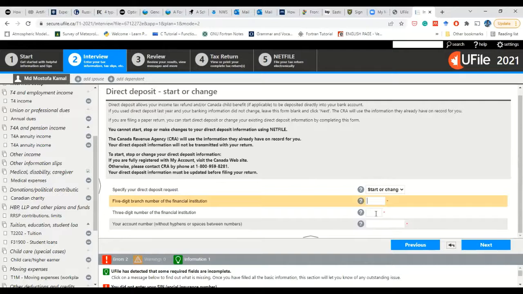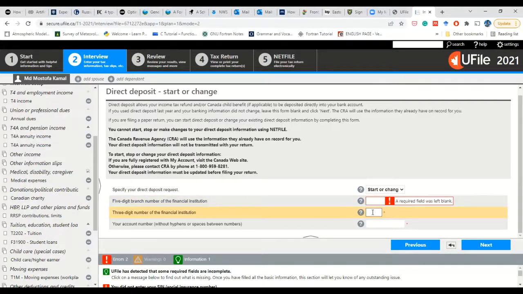Let's say your branch is the University of Saskatchewan branch, or if you're using, let's say, the CIBC 80th Street branch, there is a branch number, and then CIBC has, I think, probably 010. Each bank has a different institution number, and then your account number. These are the three pieces of information you need to provide.